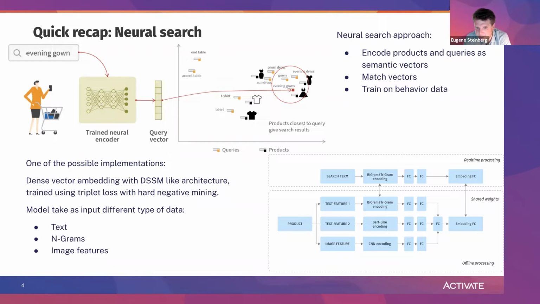However, today there are many other interesting neural search techniques, and Stas, please take it away and talk about them. Thank you, Eugene.